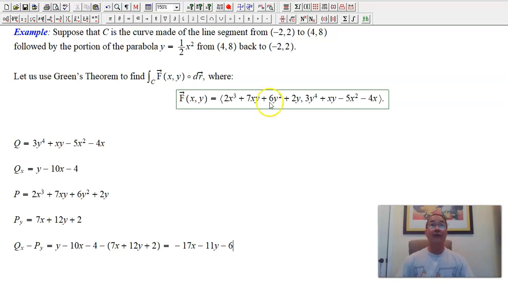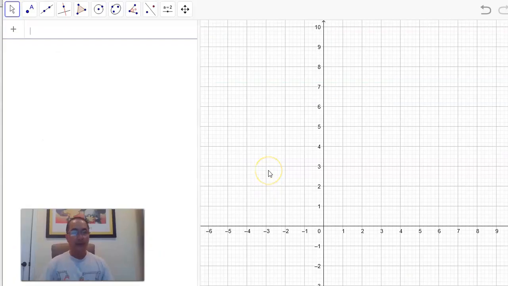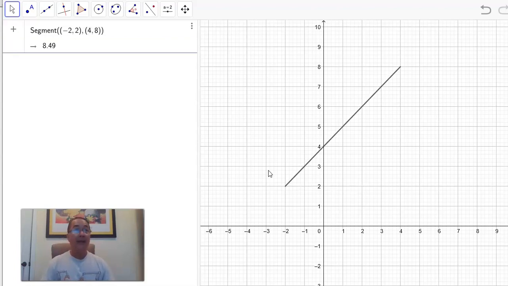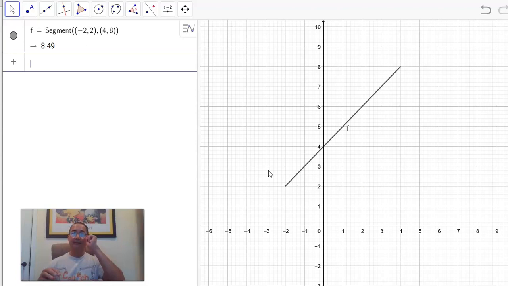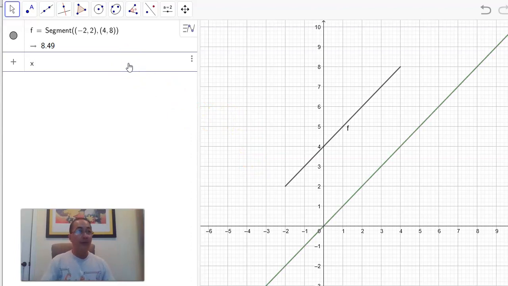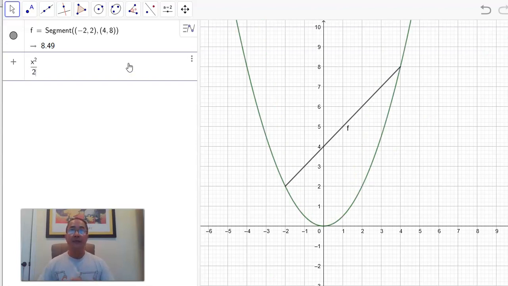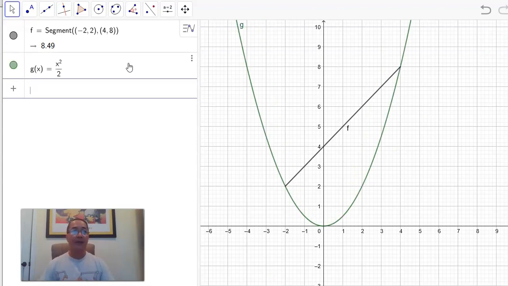What domain? First, we have to draw a picture. What exactly does this curve look like? We need the segment from -2, 2 to 4, 8. There we go. And we want the portion of the parabola 1/2 x squared. So here's x squared over 2. Aha! There we go.